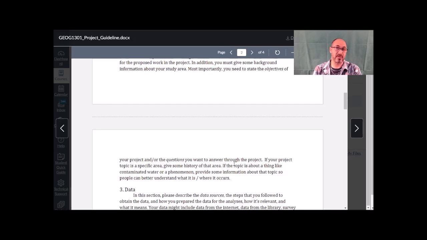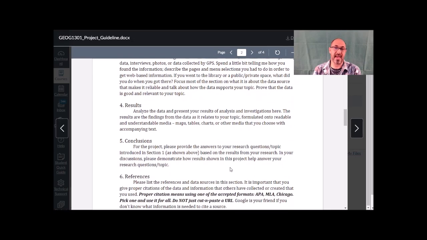Does it support and affirm your thought or idea about something to do with the hydrosphere, or does it contradict or come to a different conclusion than you originally expected or thought in your introduction? It's okay. There's no such thing as right or wrong. There's data that supports your topic or subject, and then there's data that contradicts it. All right? Cool? There's no right or wrong here.